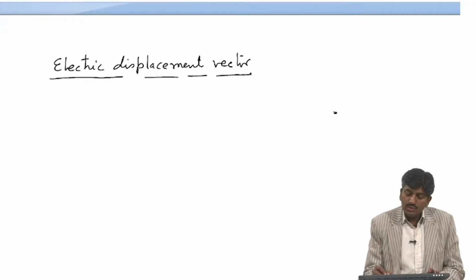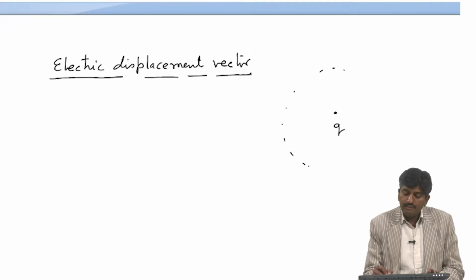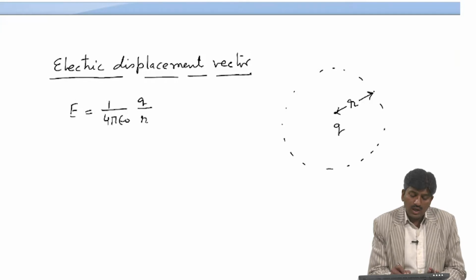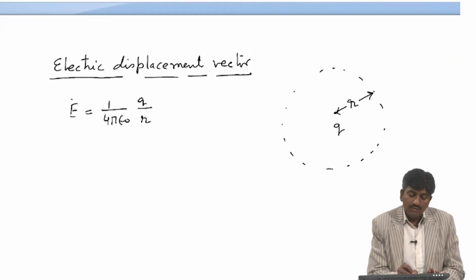We know that suppose there is a charged particle, and at a distance r, the electric field is 1 upon 4 pi epsilon naught times q upon r.